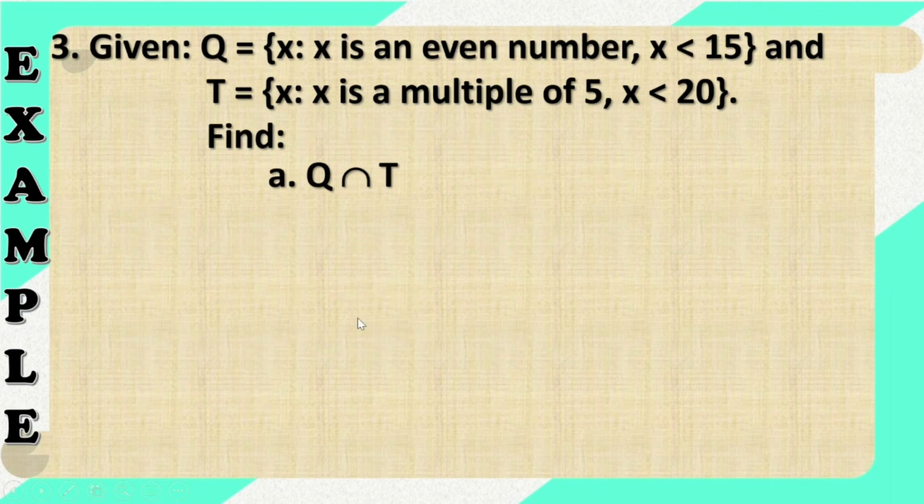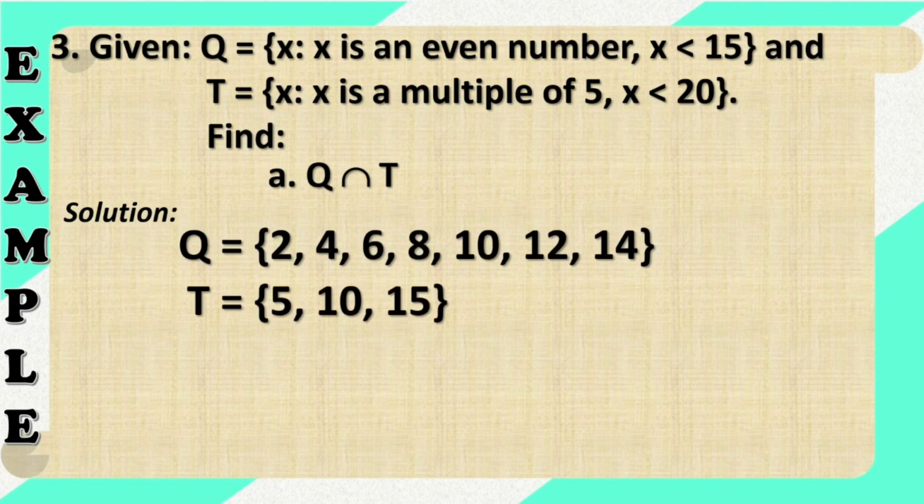Then we are going to find the intersection of set Q and set T. When we say intersection, it means the common elements of the two sets. So therefore, the intersection of set Q and set T is 10. Only one is common.